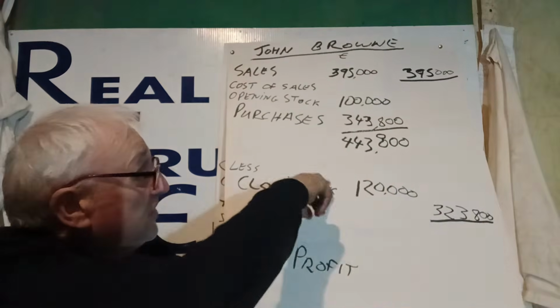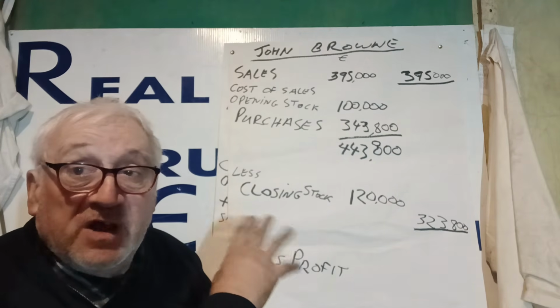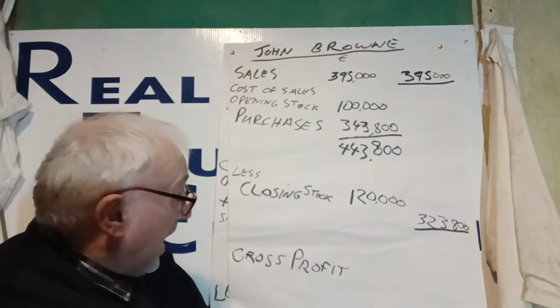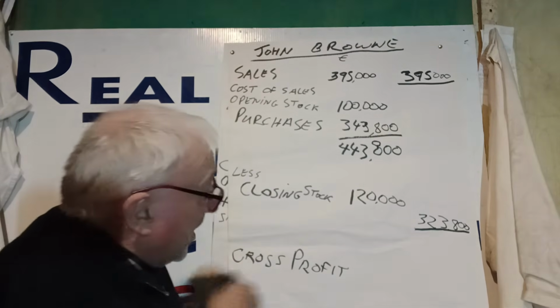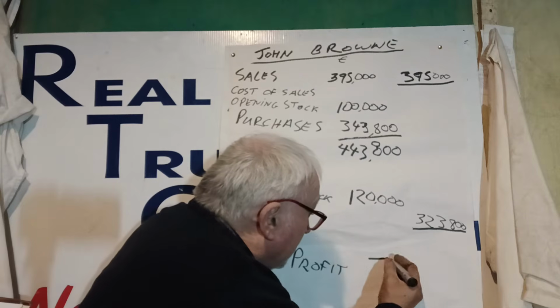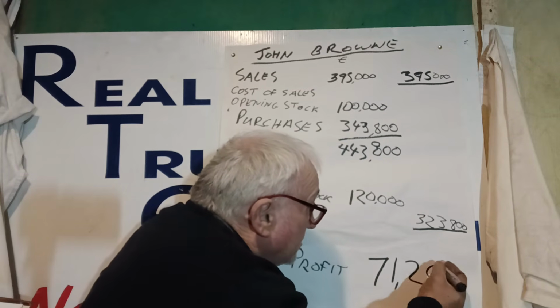You see, what I've done with this one is I've taken out the purchase returns to keep it simple, and the returns to suppliers. And then we can now write in our answer, 71,200 gross profit.